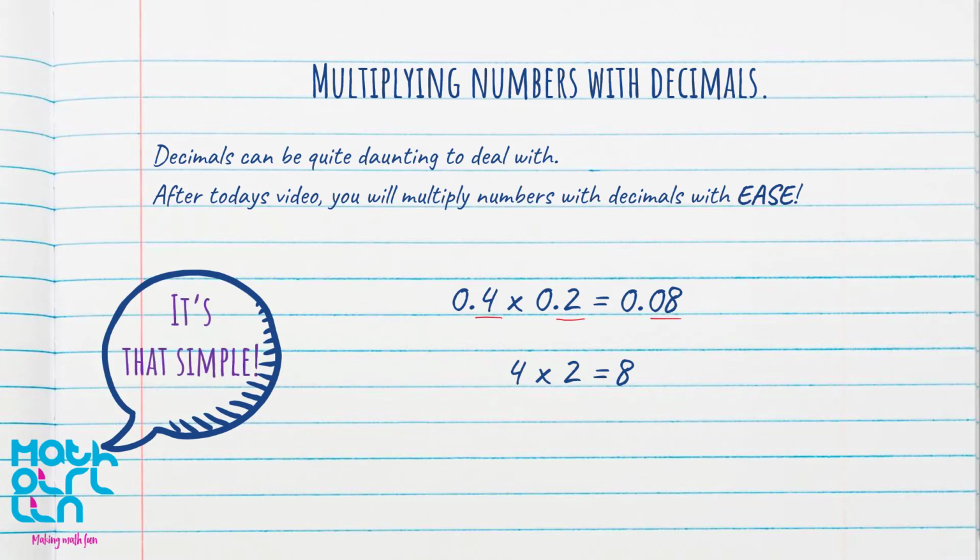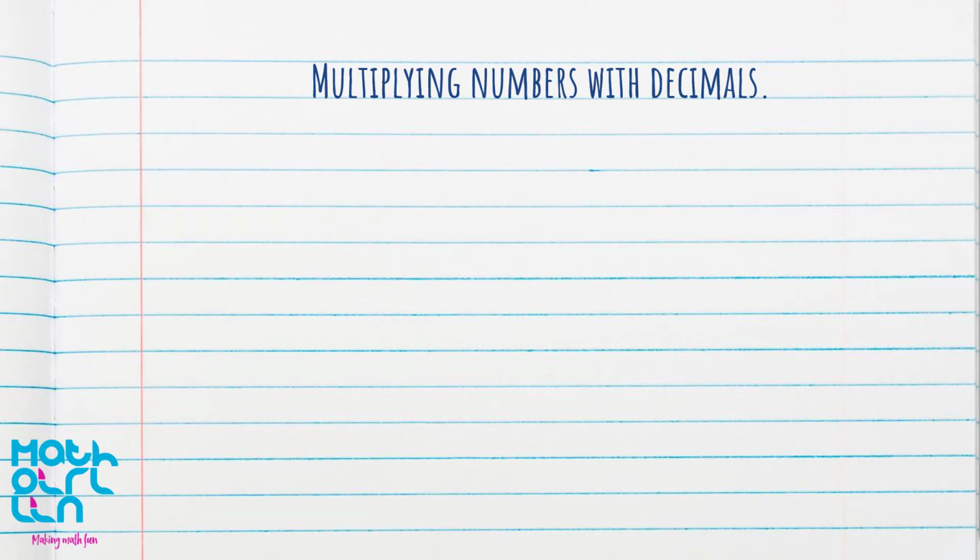Let's do a few more. 0.12 times 0.4. Ignore the decimals for a moment and multiply 12 times 4 and you get 48. Now we count how many digits there are after the decimal. 1, 2, 3.